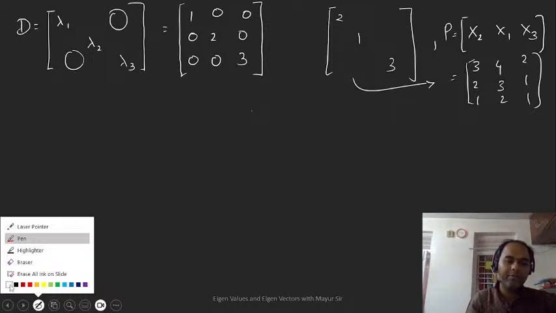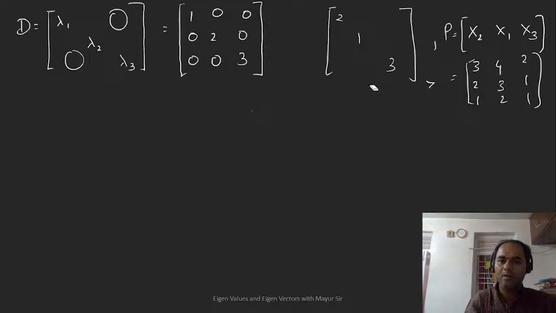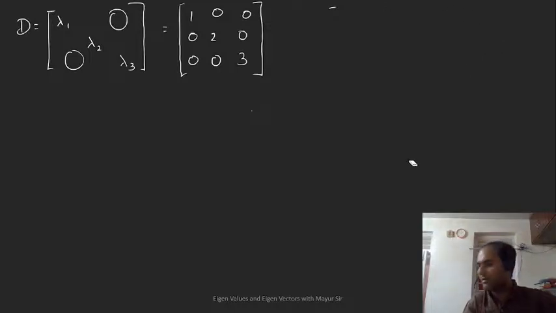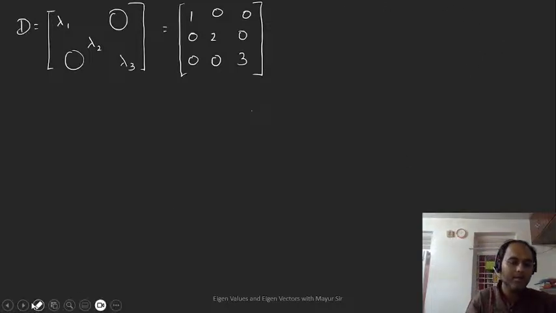If you are going to find the diagonal form, what you need to do, I'll just erase this part. So what is expected now is PDP inverse.